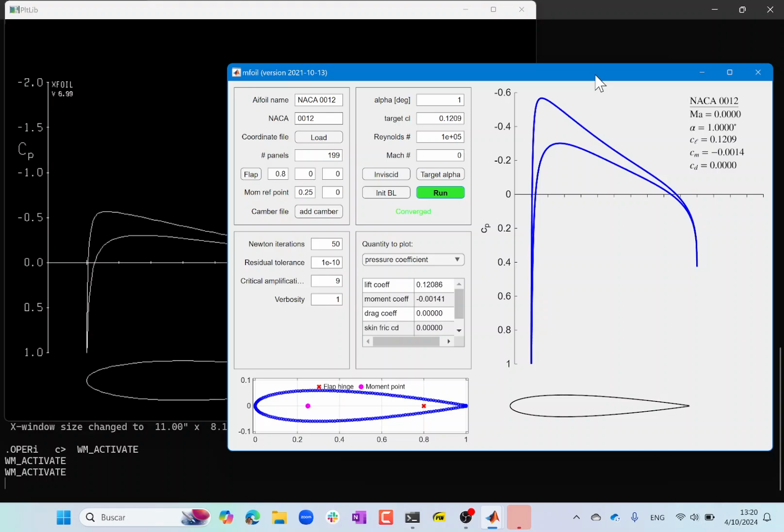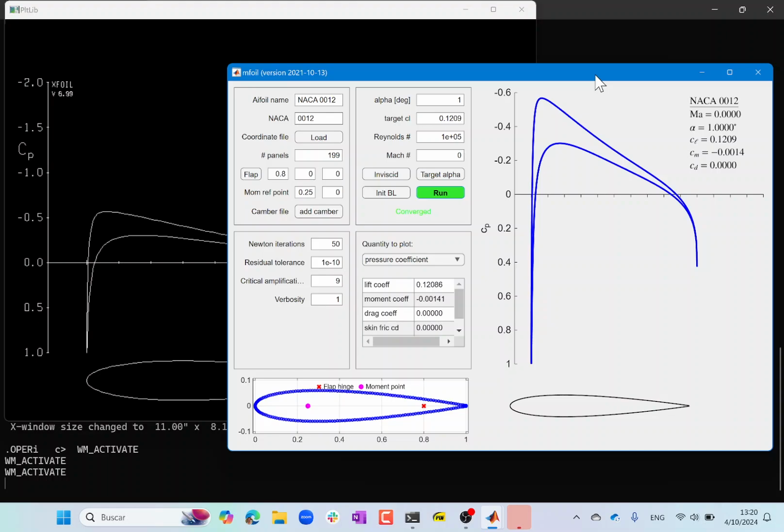Well, that's another nice thing about having the pressure plotted backwards: the upper line corresponds to the upper surface, the lower line corresponds to the lower surface, right? Because when the airfoil is generating positive lift instead of downforce, the upper surface is going to be sucking and the lower surface is pushing, right?